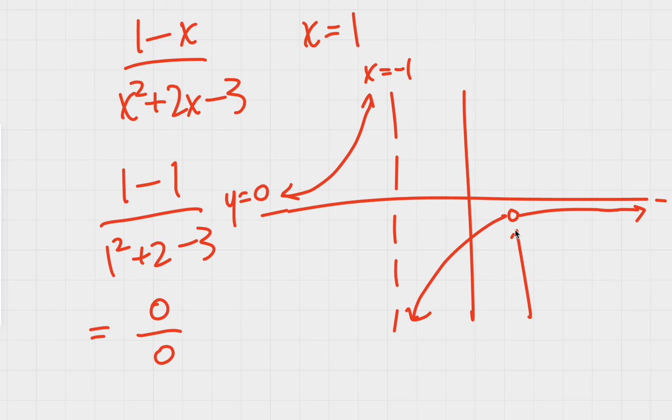Now, have a look at this point. That is x equals 1. But hold on, this point doesn't exist. It's 0 on 0. So how come I feel like I can clearly see that there is a number here? Both sides are approaching something very closely, but they're never touching it.